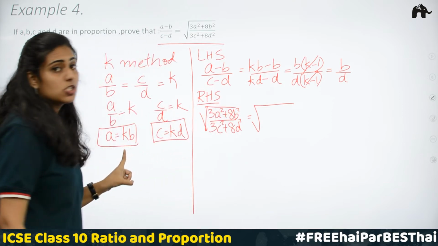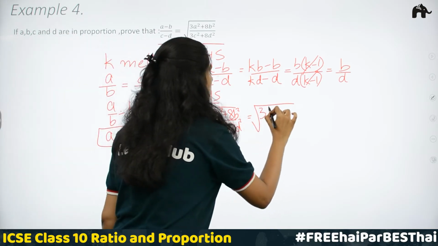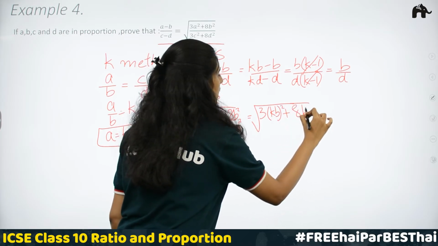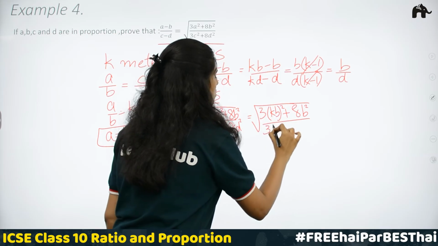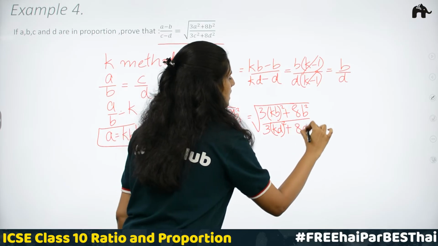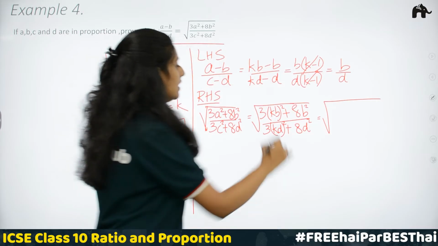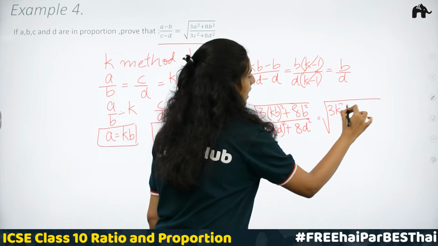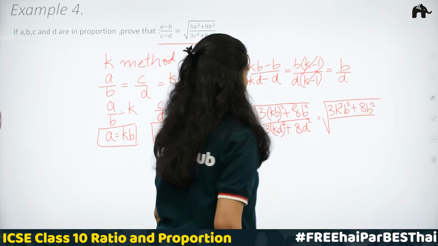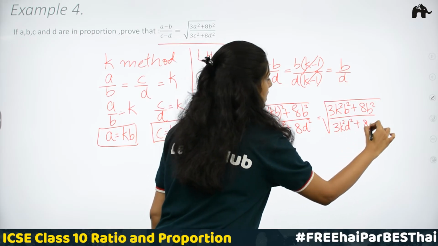In place of A substitute KB and in place of C substitute KD. 3 into KB square plus 8B square divided by 3 into KD whole square plus 8D square, which is equal to root of 3K square B square plus 8B square divided by 3K square D square plus 8D square.